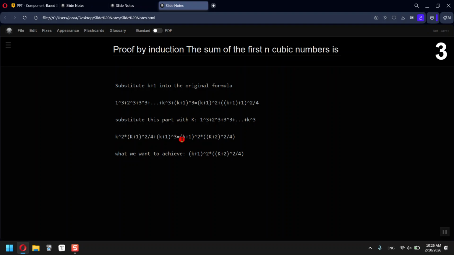Since both of our elements over here have that, we can just take it outside. So k plus 1 squared times k squared divided by 4 plus k plus 1. Right.